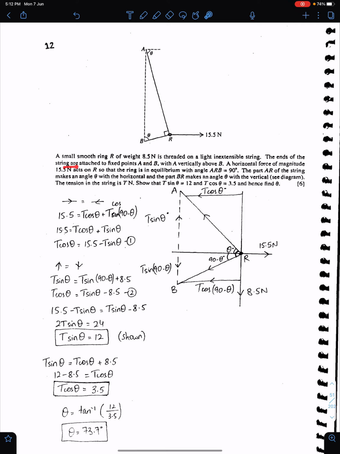The ends of these strings are attached to fixed points A and B. Because of the alternate angles property, this angle will be theta and this will be theta, and this will be 90 minus theta.